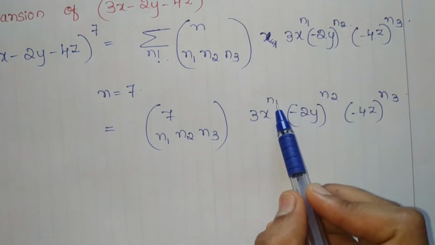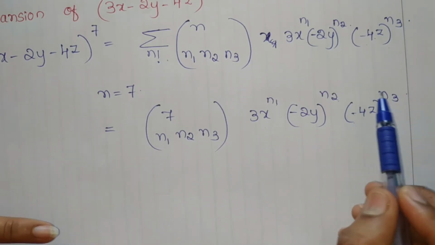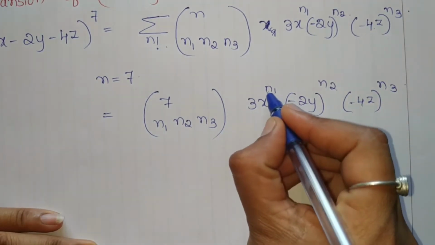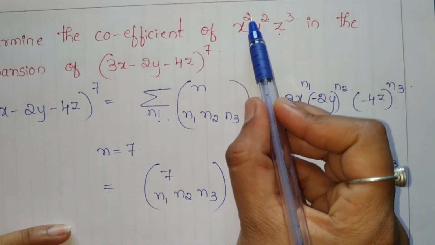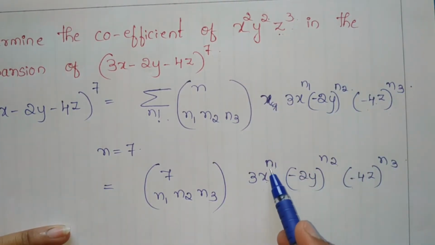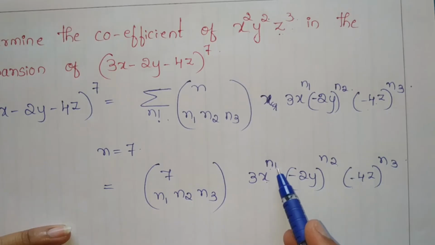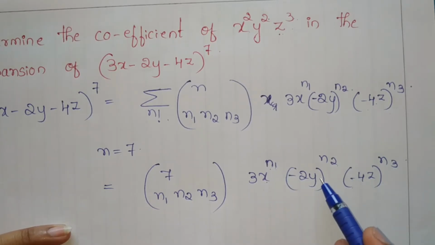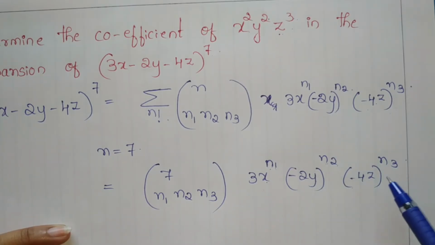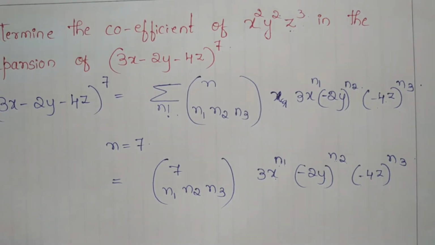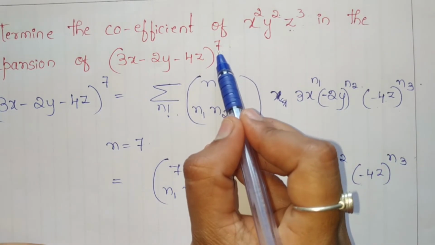Here we have to select the n1, n2, n3 values. Here x square is there, so x raised to 2; I have to select n1 as 2. y square, therefore n2 is equal to 2. And z cube is there, so z raised to n3; I have to take n3 as 3, so that 2 plus 2 is 4 plus 3 will be equal to n, that is 7 in this case.